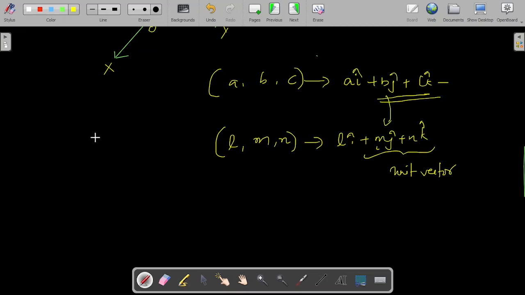So a gives you the x component, b gives you the y component, c gives you the z component of the given vector, because every point has its position vector, which can be named like this. So a direction ratio refers to some point in the same direction as given by the direction cosines.